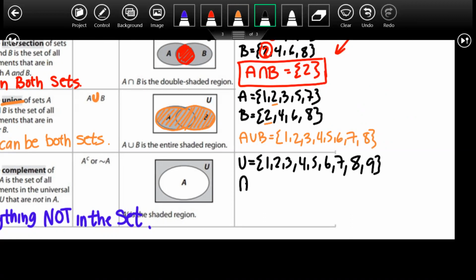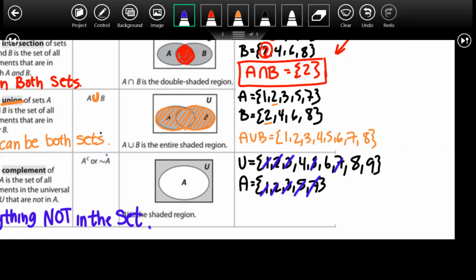A was what? 1, 2, 3, 5, and 7. What numbers are not in set A? Well, 1 is in the universal, 2 is in the universal, 3, 5, no, 7.